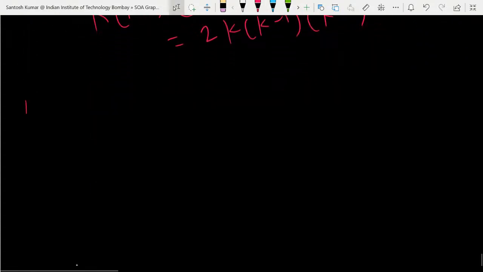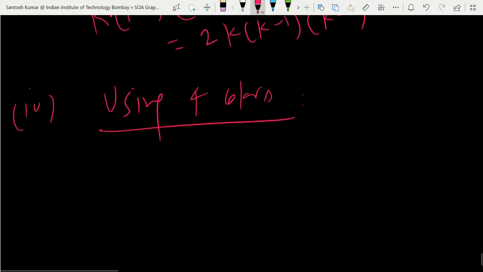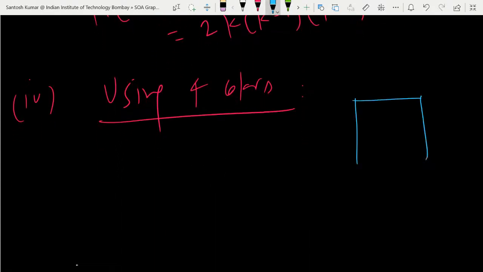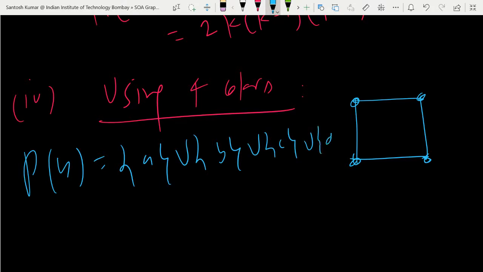Now the next case comes: you want to use 4 colors out of K colors. So 4 different colors you want to use. You have only 4 vertices, so the only possibility is to color each vertex with a different color, because there is no other possibility.